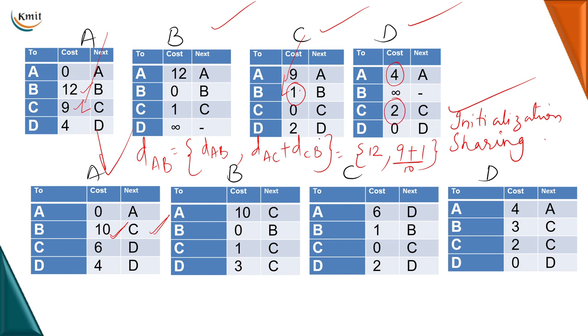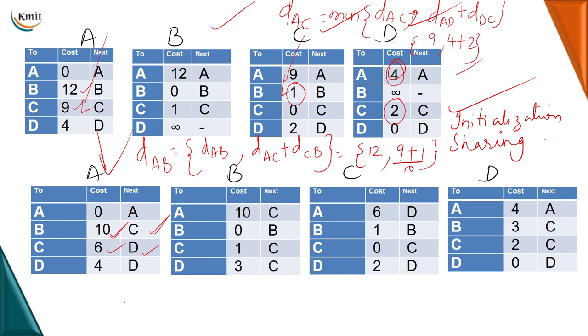So I want to reach from A to C. I will take a minimum of the direct distance A to C, or via D: distance of A to D plus distance of D to C. Either I take the distance of 9, or A to D is 4 and D to C is 2, 4 plus 2 is 6. So I will update my routing table with the new distance of A to C as 6 via D.